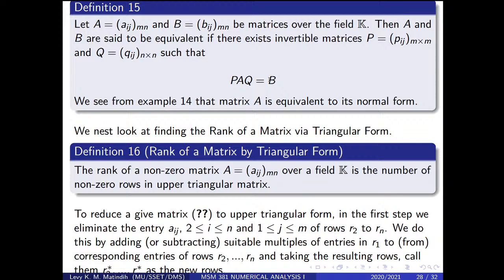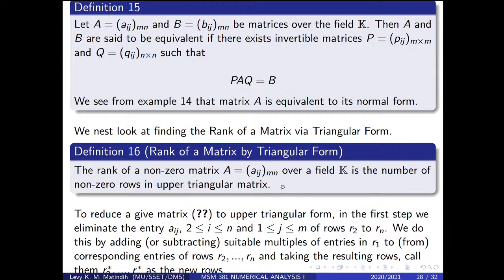Okay, now let's look at this other theorem number 16. Though in our case, the matrix A is not really invertible, but matrix P and Q are invertible. So now, we next look at finding the rank of a matrix via triangular form.